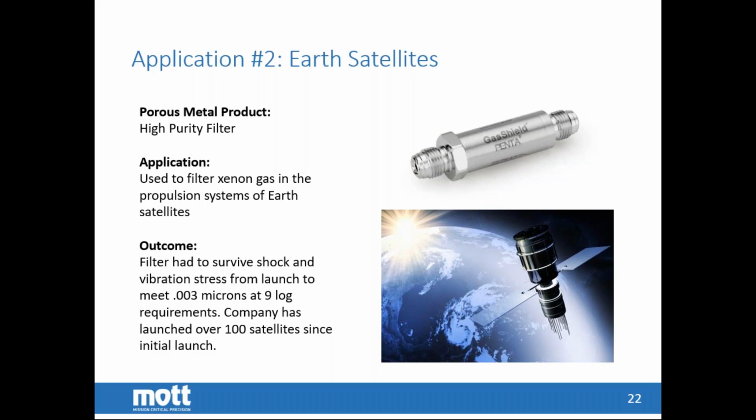So they use our high purity filter, which will filter down to 0.003 microns at 9 log reduction. And we've been very successful with them over the years. I've been working with them since I've been here, and we've never had a failure. It withstands the shock and vibe that it needs to go through for launch. Okay, and they've launched over 100 satellites since, so we must be doing something right.